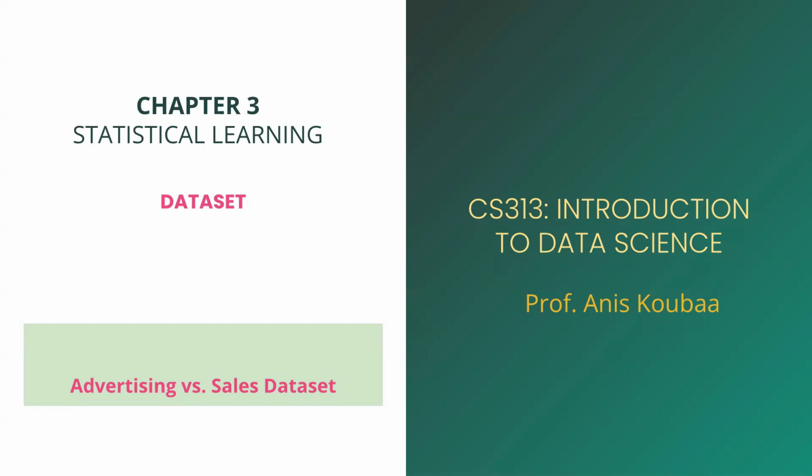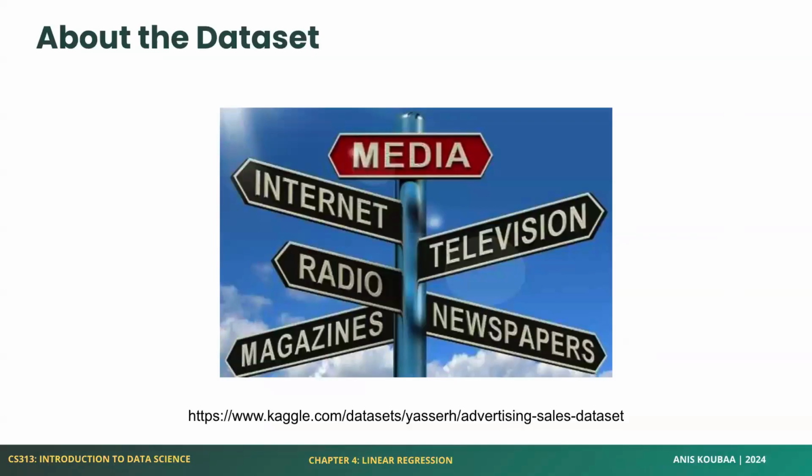So we're going to start from a practical example, which is about an advertising versus the sales data set. So you already know that people, when they want to increase their sales, they're going to refer to advertising, and they can advertise through different channels, like, for example, through social media or using the radio or television or newspapers, and every type of media would have a cost.